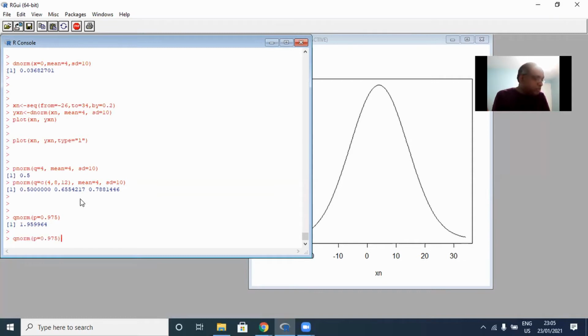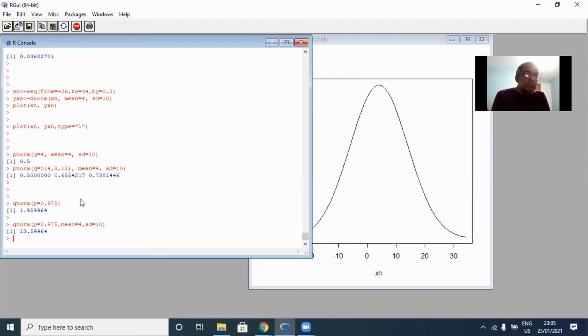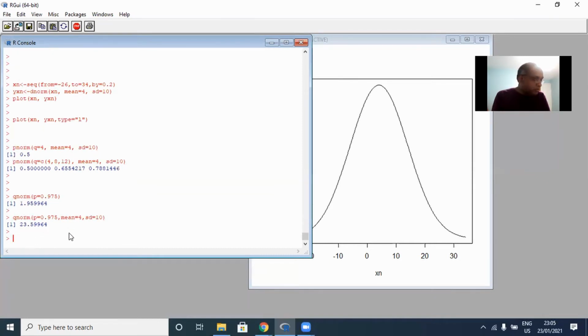But if you do want to specify, for example, you can specify the mean, in other words mu, to be equal to 4 and the standard deviation to be equal to 10. In this case, the quantile is this 23 point something.